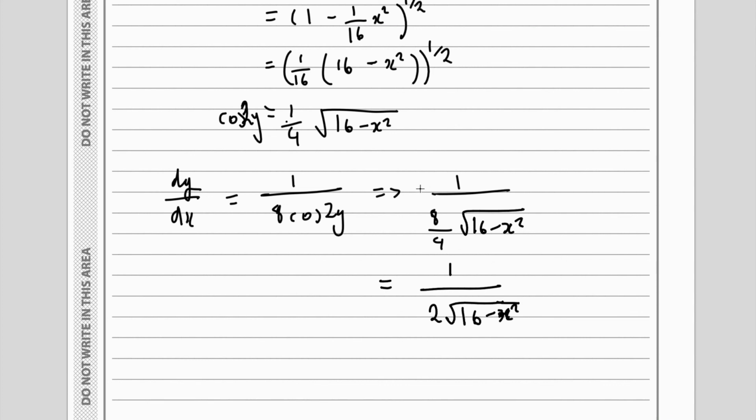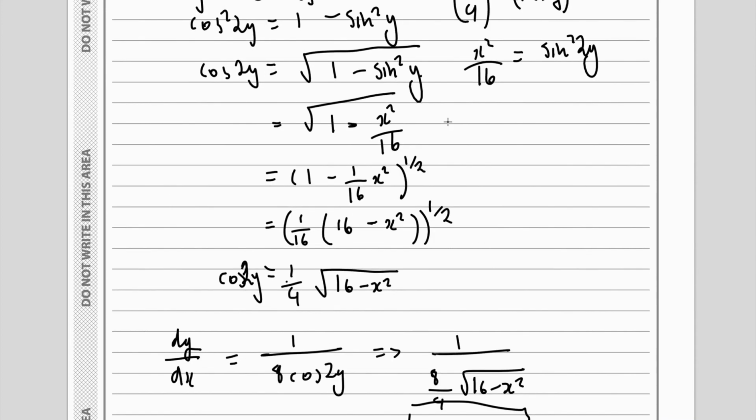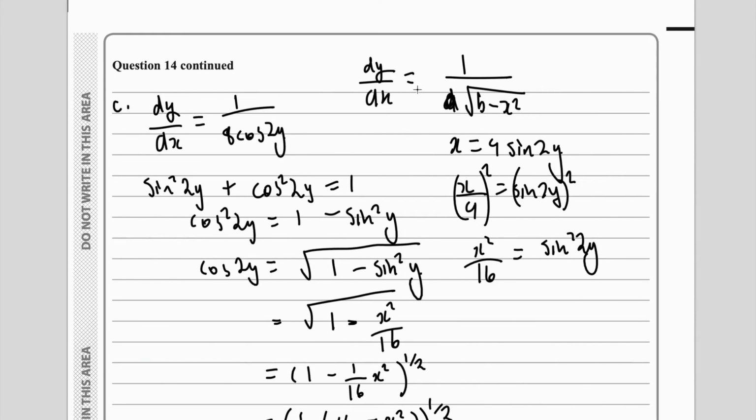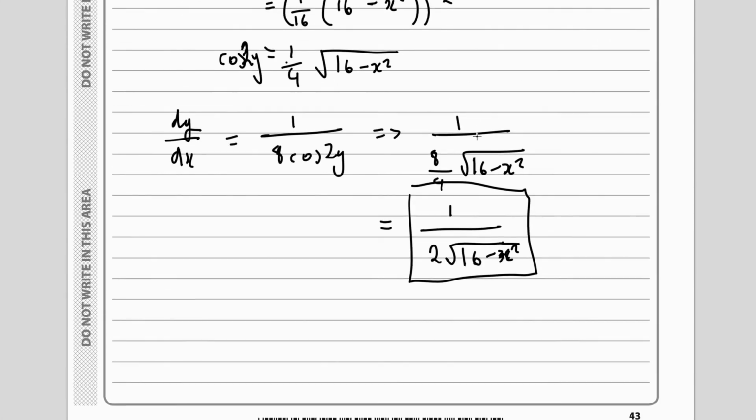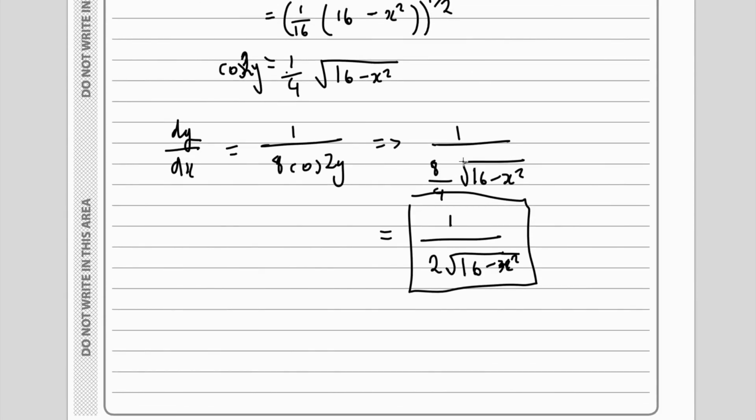Okay, and that there is in such a form where we have dy over dx equaling 1 over a constant being multiplied by the square root of another constant minus x squared. And that there is the answer to question number 14, and that brings us to the end of the paper.